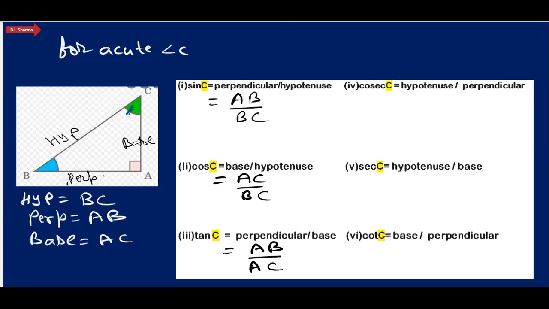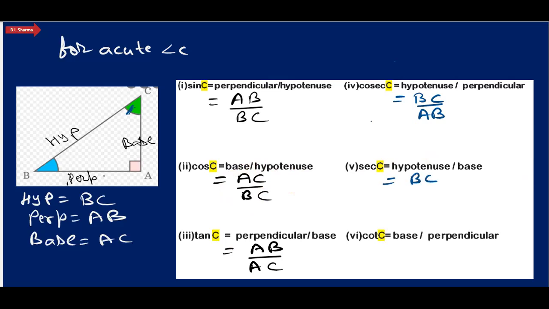Now the other three ratios. We know that cosec is the reciprocal of sine, so that is hypotenuse upon perpendicular, BC upon AB. Sec is the reciprocal of cos, and cos is base upon hypotenuse, so sec will be hypotenuse upon base.